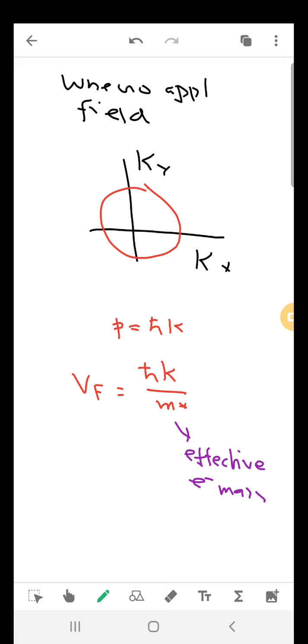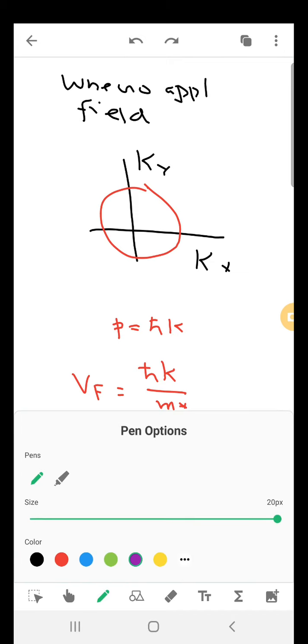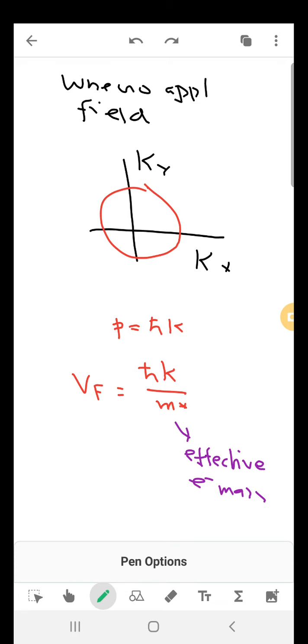And for copper, it has been found that this Vf is equal to 1.57 into 10 to the power 6 meter per second.